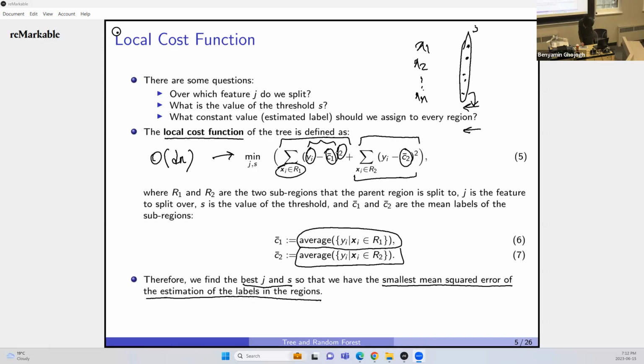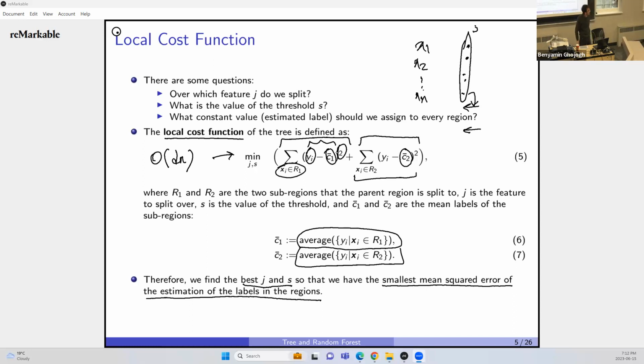So what does equation 5 do? It says that I find J and S where this cost function is minimized. And as I told you before, it's a discrete optimization because J goes from 1 to D, yes, it's the feature. And S, how many values do we have for S?